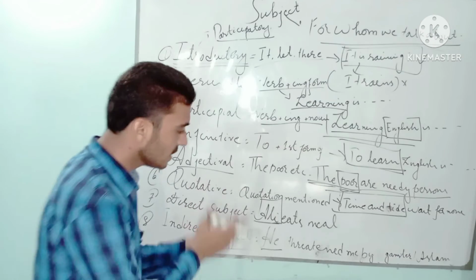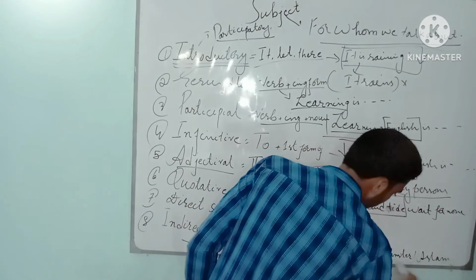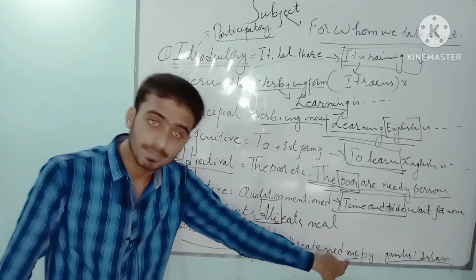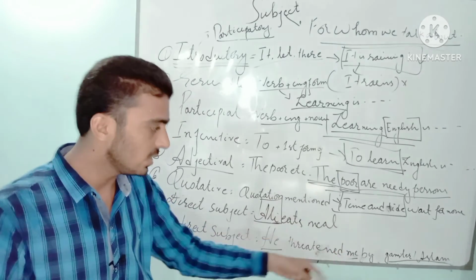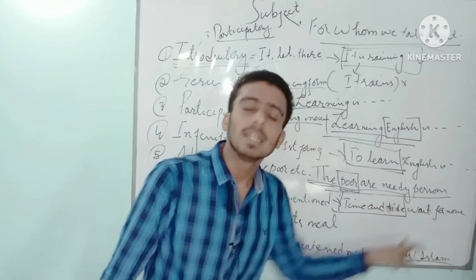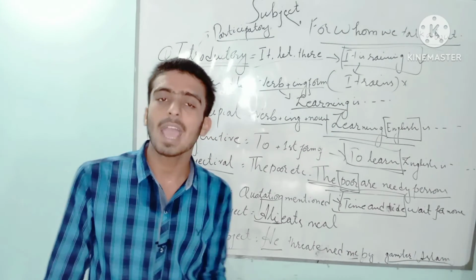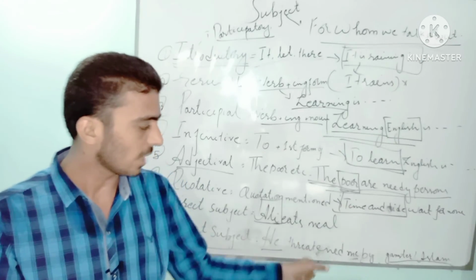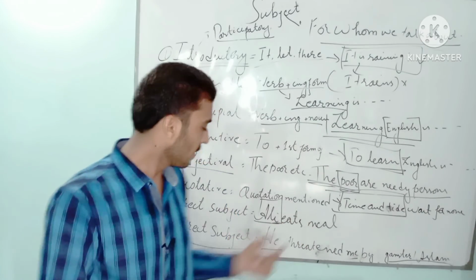For example, "He threatened me by a gangster." Here me is not the indirect subject but the indirect object, and the gangster is the indirect subject by whom the action is done. Or "I got this letter written by Ali." Whenever these types of subjects come at the end of the sentence, they can be called indirect subjects.